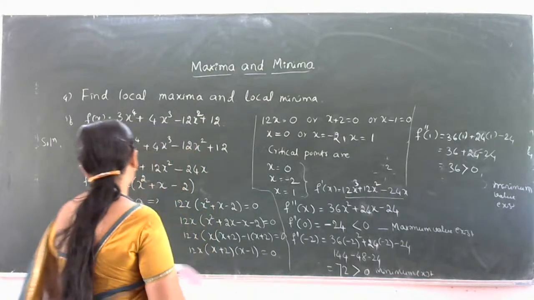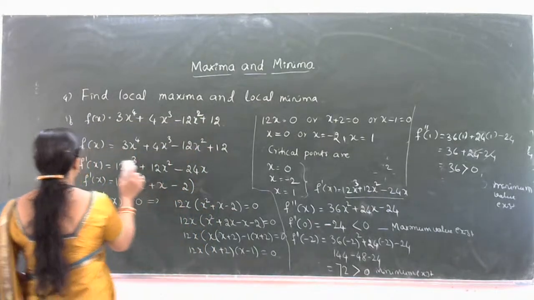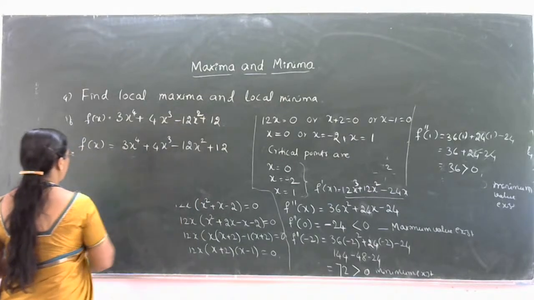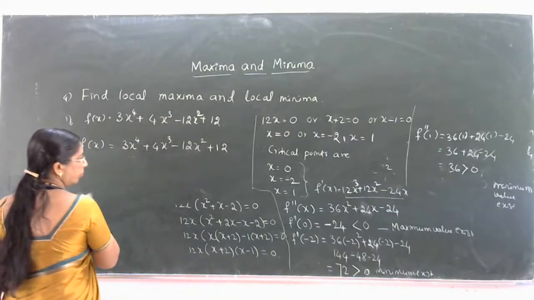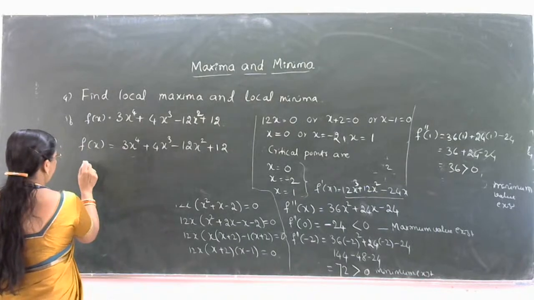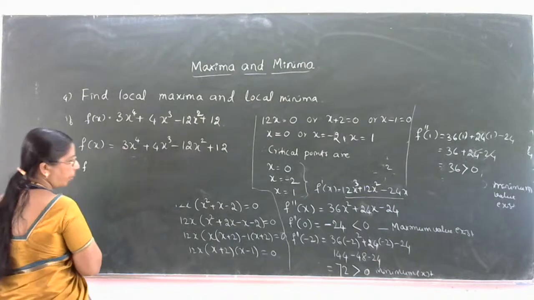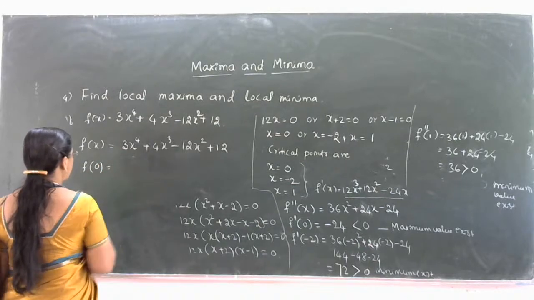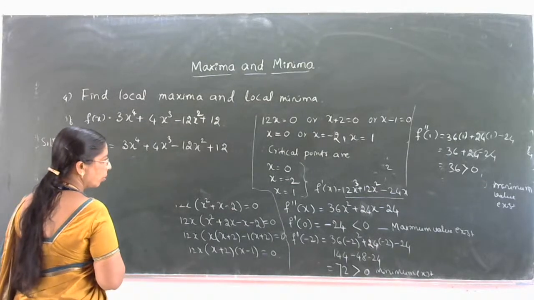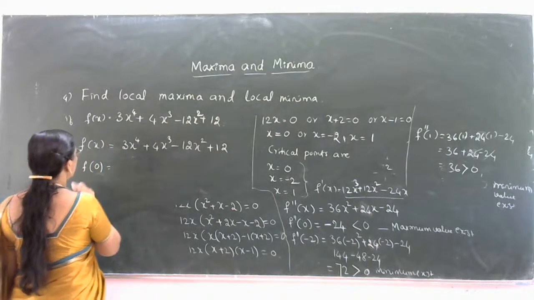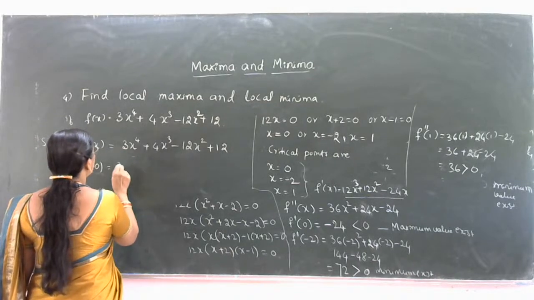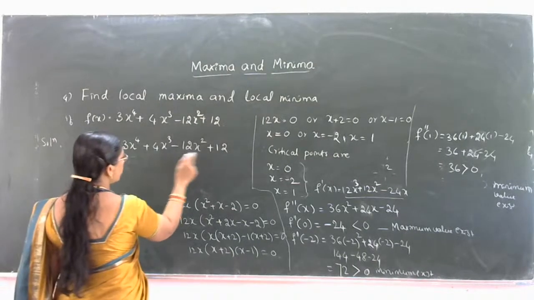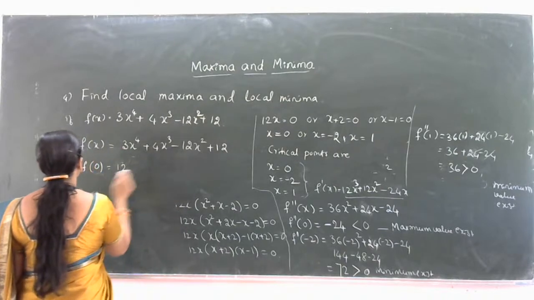We find the maximum value and minimum value of the function. f of 0 is equal to 3 into 0 square, which is 0, 0, so it is equal to 12.